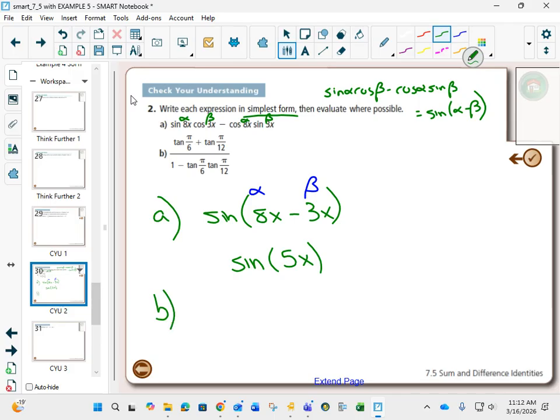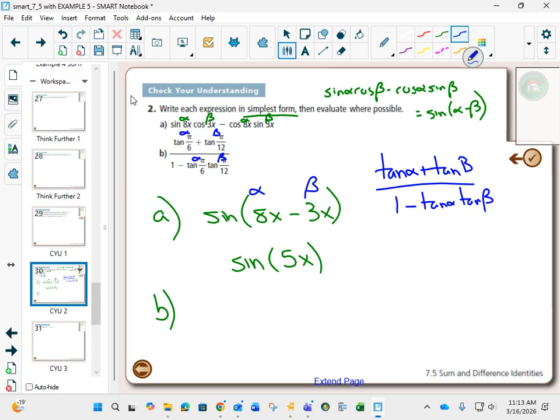Part B, I'm going to look at this and say, okay, this is my alpha, this is my beta, this is alpha, this is beta. Is there a formula on my formula sheet that has tan alpha plus tan beta over 1 minus tan alpha tan beta?